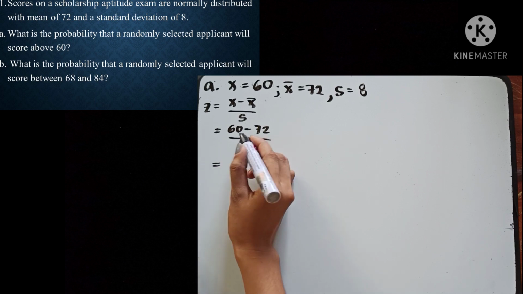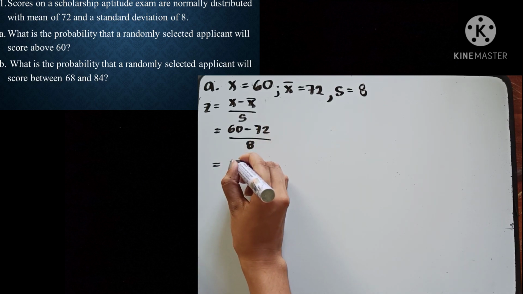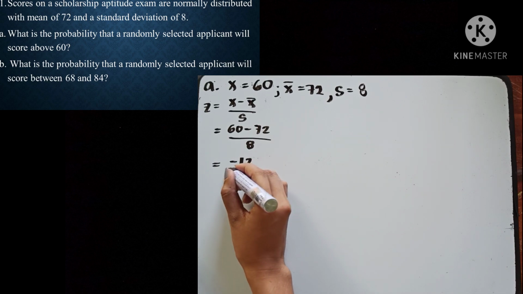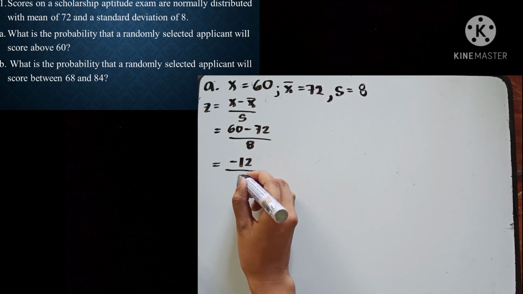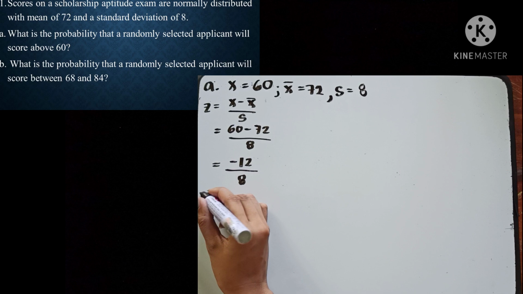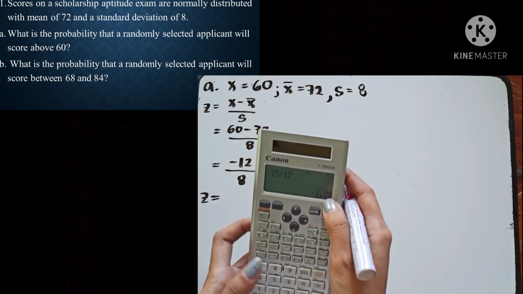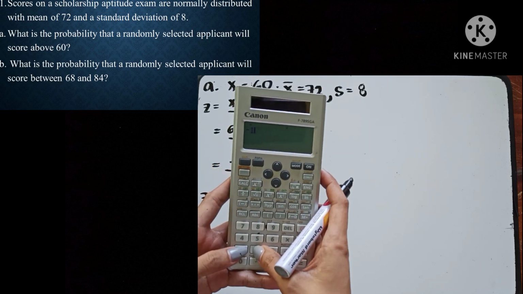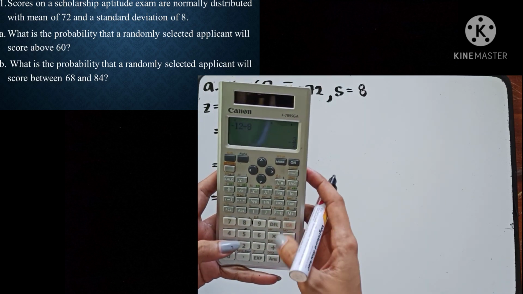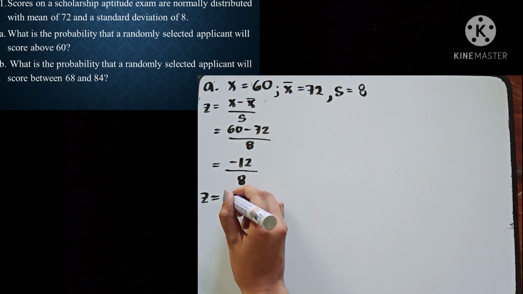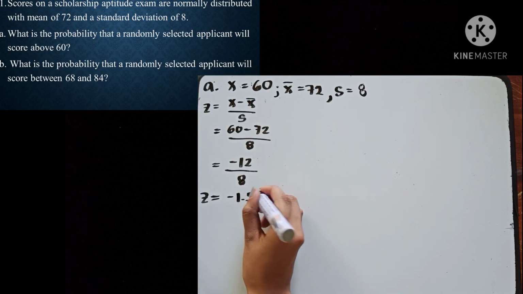Okay, so that is equal to 60 minus 72, that is negative 12. Okay, so negative 12 over 8. So, negative 12 divided by 8, then the answer is negative 1.5.